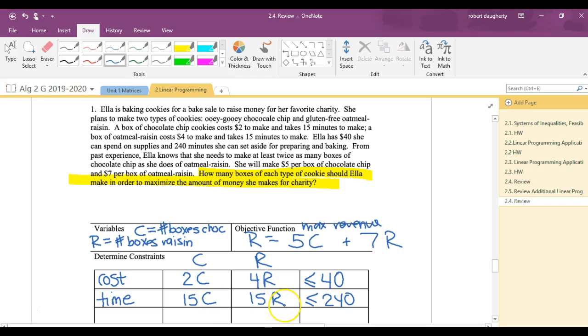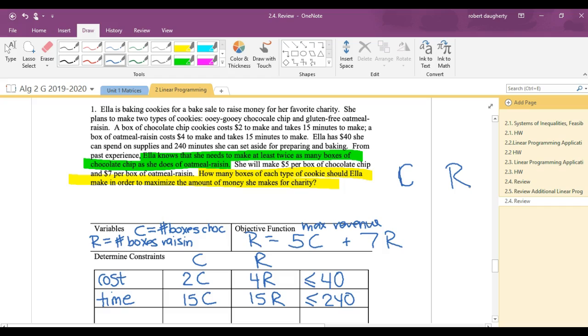Okay. And then there is another constraint that I have. I will need to make, and this one's a little bit different. This is where the challenge comes in. She needs to make at least twice as many boxes of chocolate chip as she does oatmeal raisin. Okay. So what's the relationship between, so this one you got to figure out. We've got raisin and chocolate chip. Or let's see, let me do it in order consistently. Chocolate chip and raisin, okay?